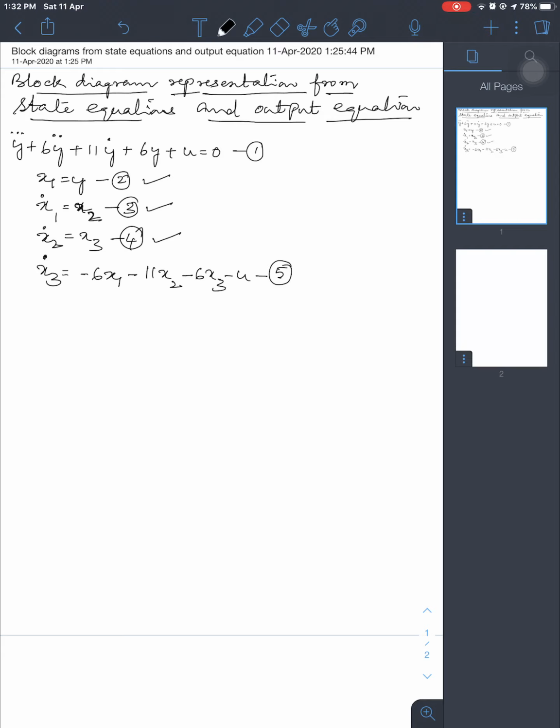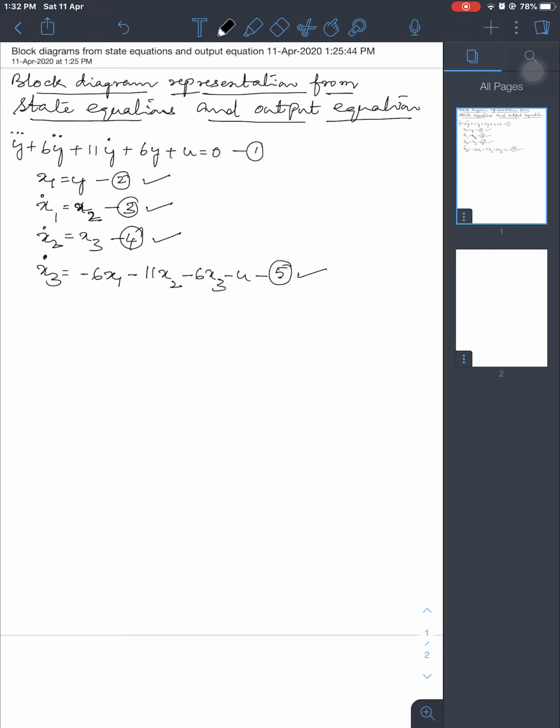Correspondingly, we got another equation, x3 dot, equal to the linear combination of x1, x2, x3 and u, such that x3 dot equal to minus 6x1 minus 11x2 minus 6x3 minus u. This was dealt in my previous lecture.